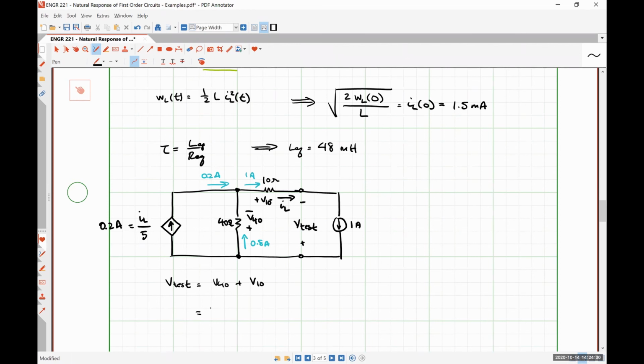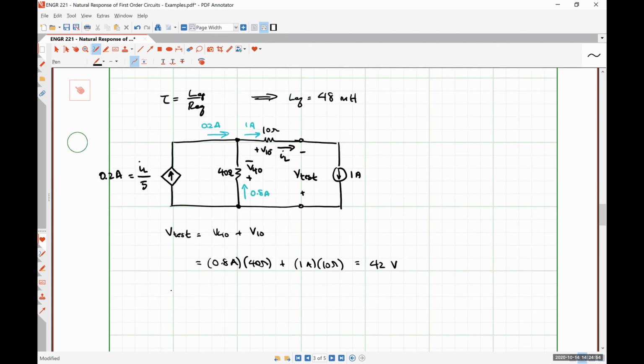V40 is 0.8 amps times 40 ohms, and V10 is 1 amp times 10 ohms. And so this should give us 0.8 times 40 is 32, plus 10 is 42 volts.